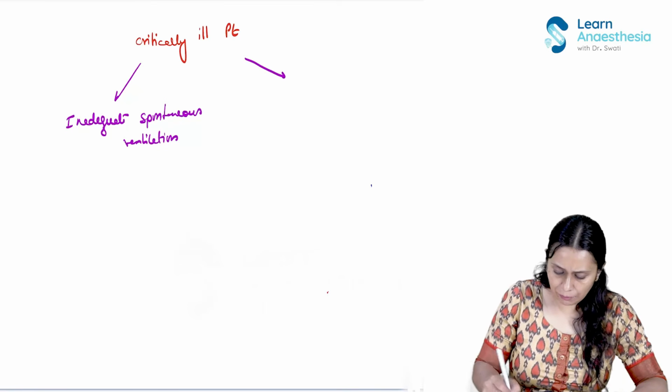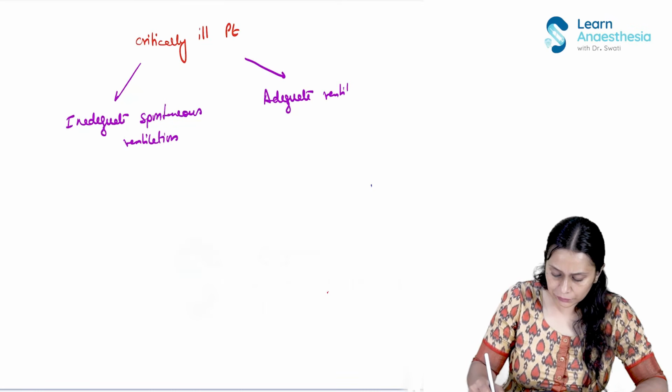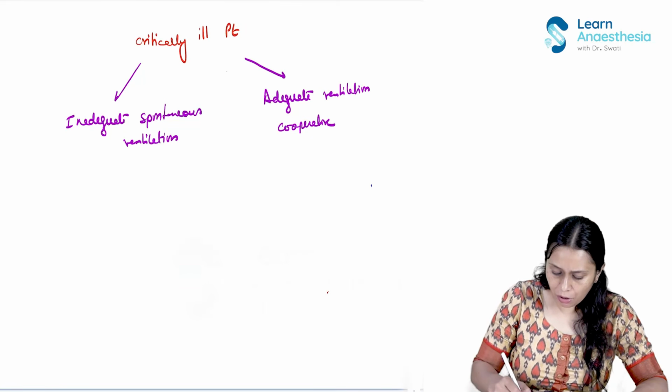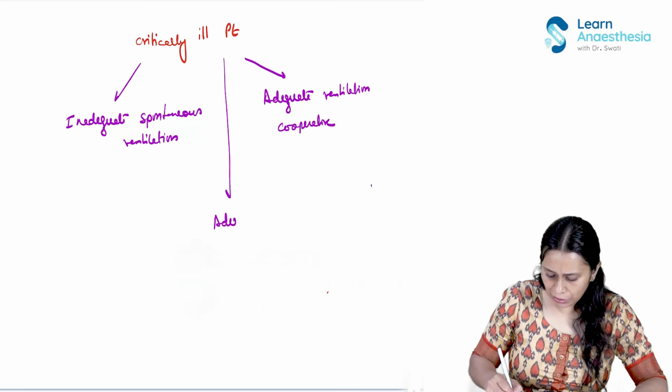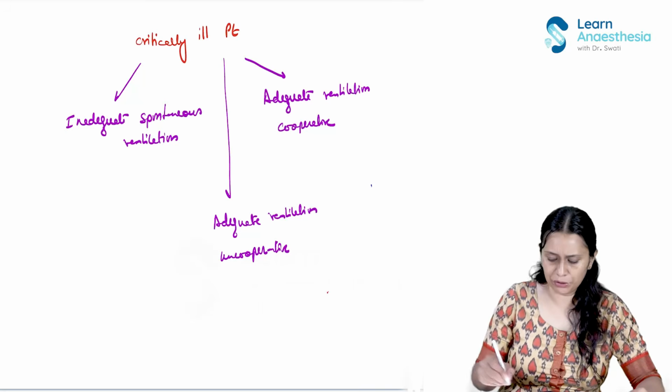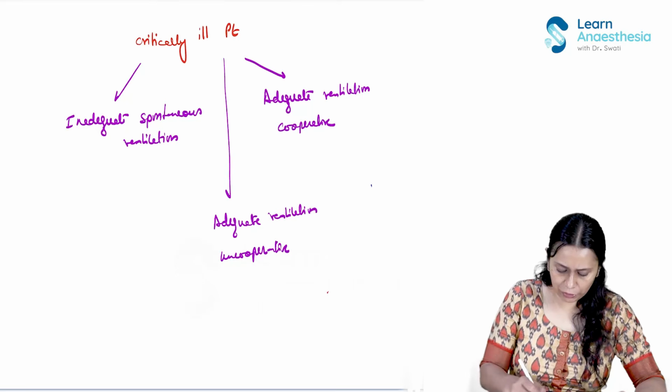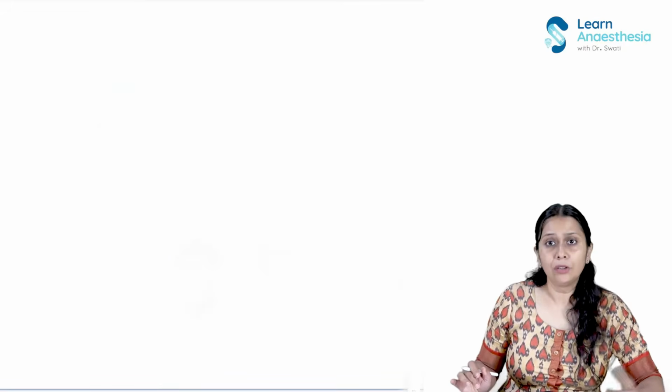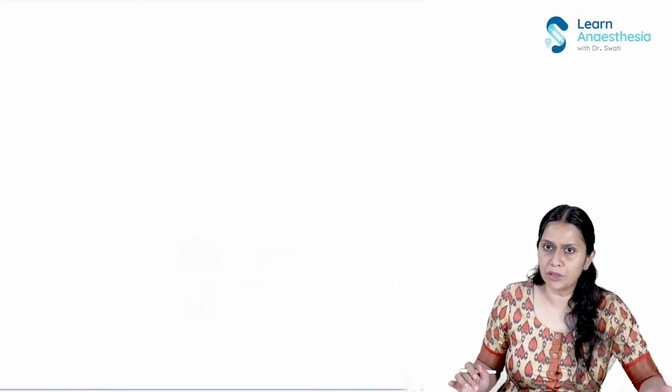Now they may have adequate ventilation and may be cooperative. These are the best patients. Or they may have adequate ventilation but may be uncooperative due to, let's say, a lesser consciousness or pain, whatever. So we can get different kinds of patients. Now let's talk about what we will do if a patient has inadequate ventilation, right? If they are not having a proper tidal volume and respiratory rate.